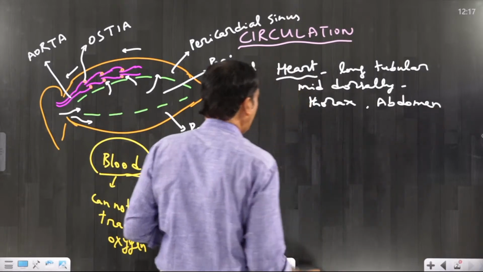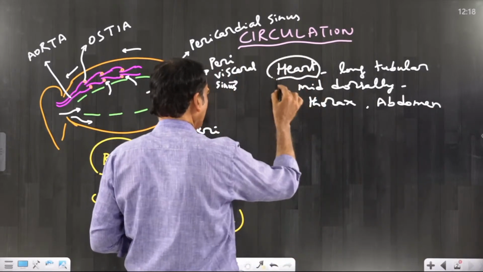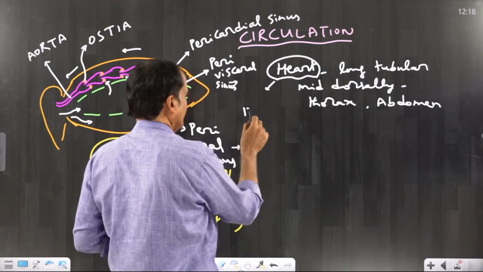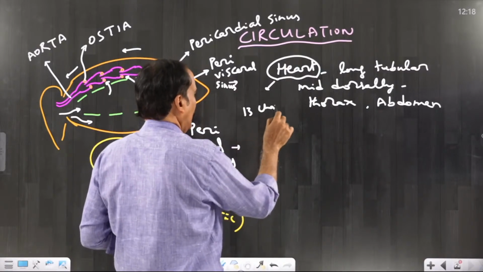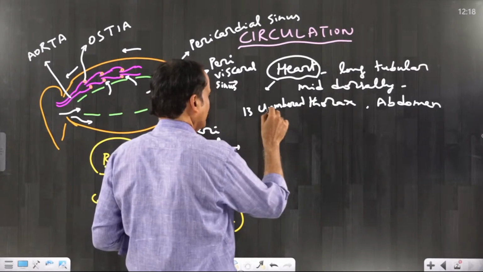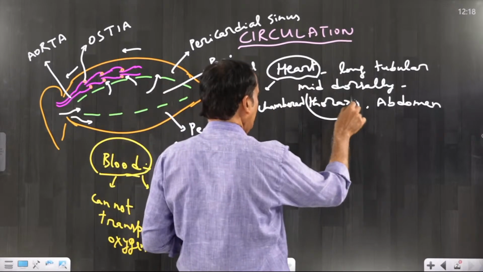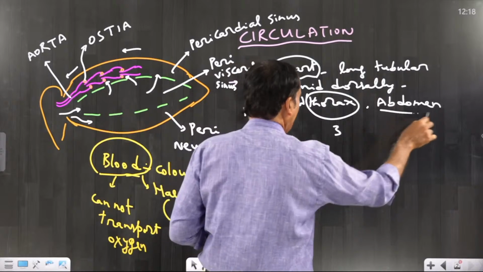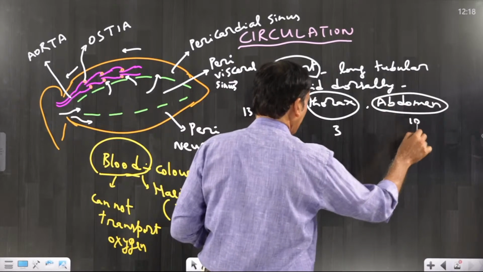So this is a 13 chamber structure. Heart in cockroach is having 13 chambers. So 3 chambers are present in thorax, 10 chambers are located in abdomen.